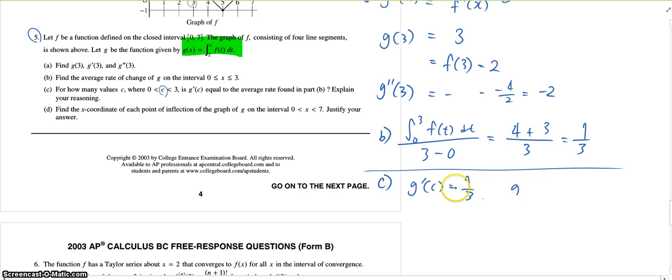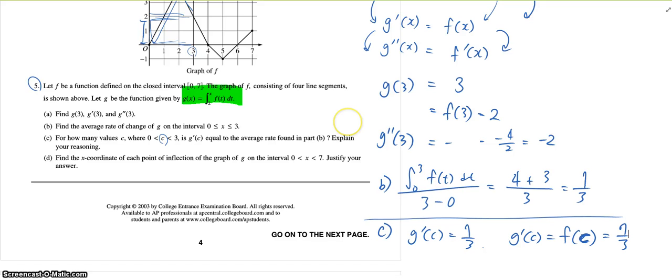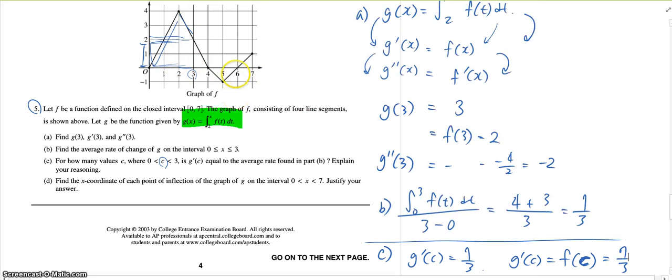And we learned that g prime of c can be rewritten as f of c in this case. So we have to find c where the y value in the graph of f equals 7 over 3. So 7 over 3 can be rewritten as 2 plus 1 over 3.